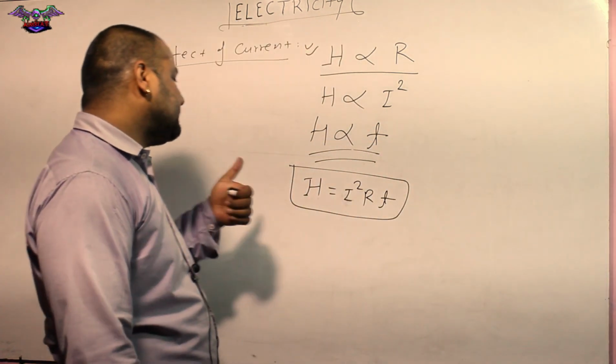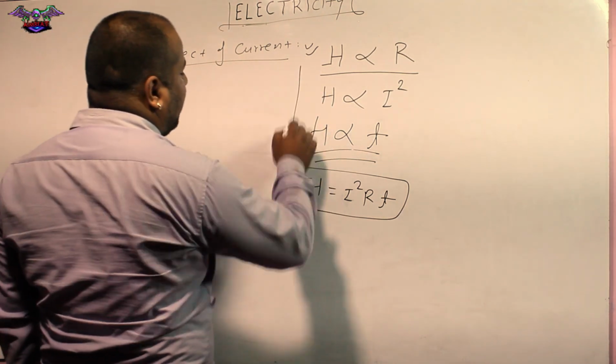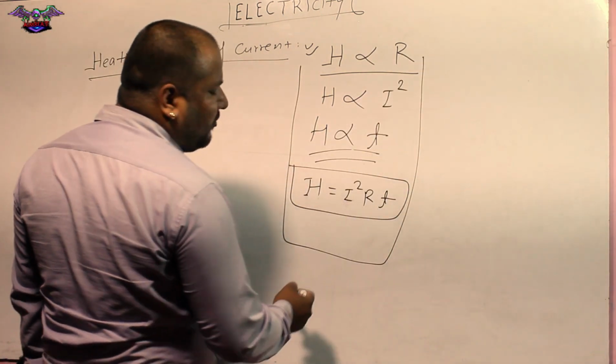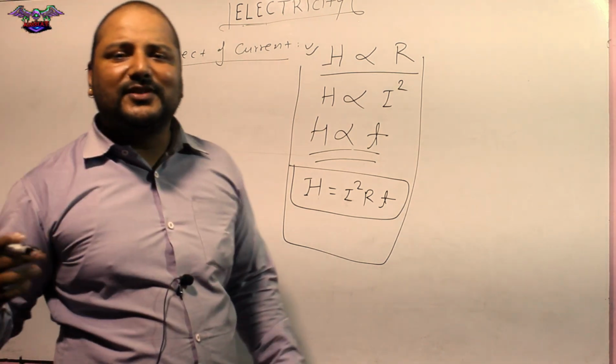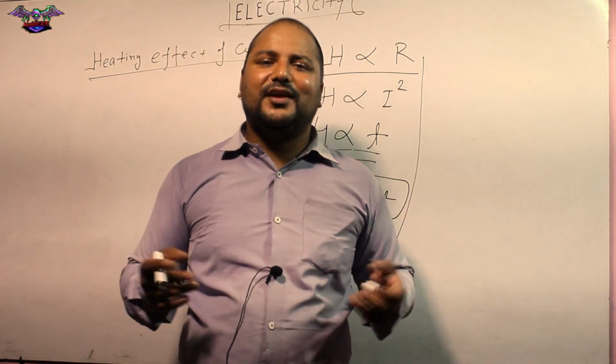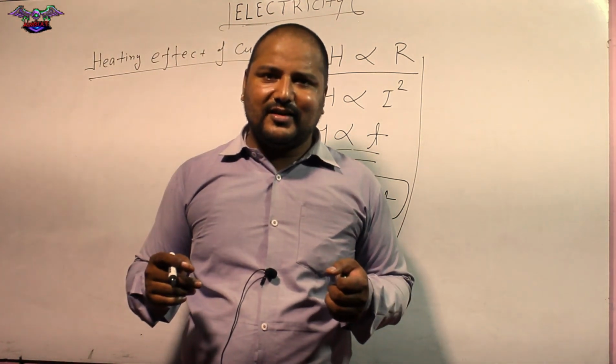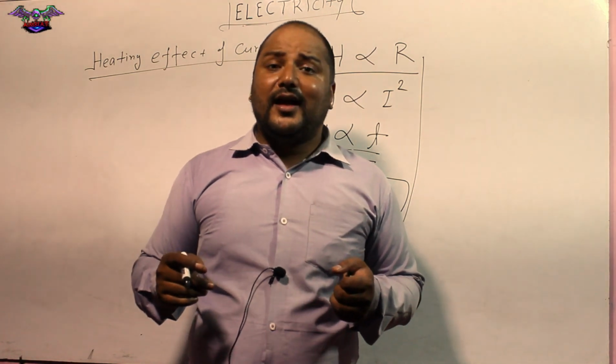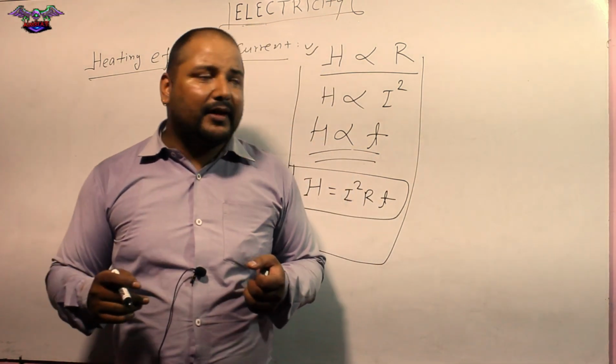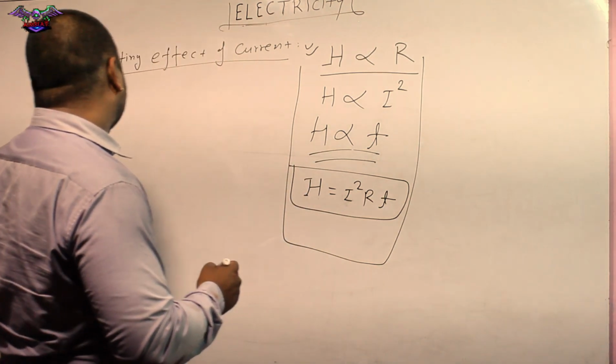Okay. Now the next topic: in nichrome wire, in tungsten, bulbs, LED, you can observe the heating effect of the current. Nice. So I want to go to the next topic, that is energy.